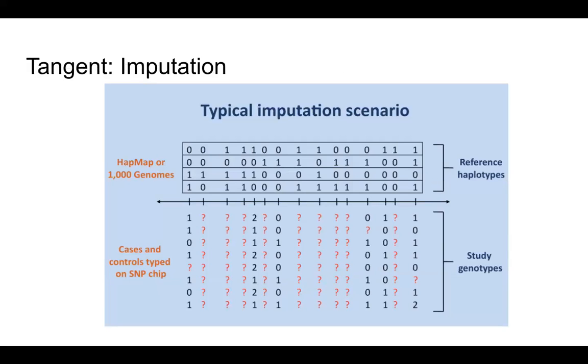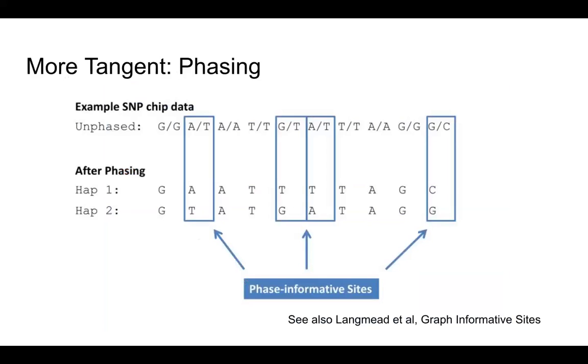If you can imagine, obviously, 1 million sites is only a small fraction of the genome. So what we can often do is impute between different sites in the genome. This is a little bit of a tangent, but it is possible to tell other things, particularly when we have pretty good knowledge of haplotypes, and also when we have phase data. So what is phase?